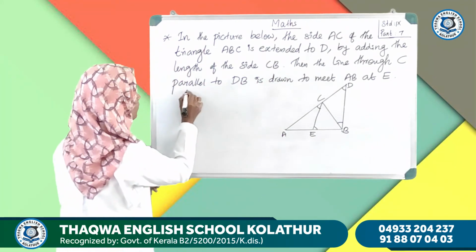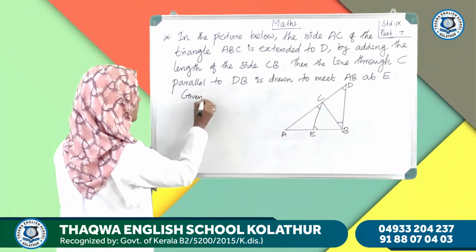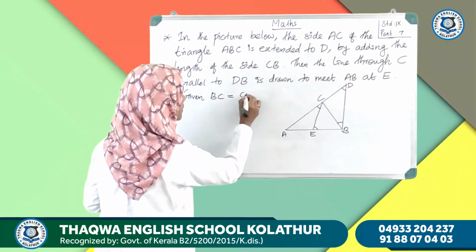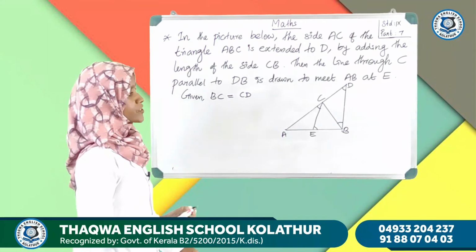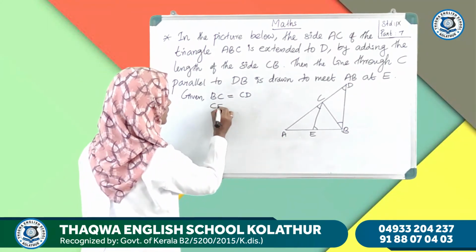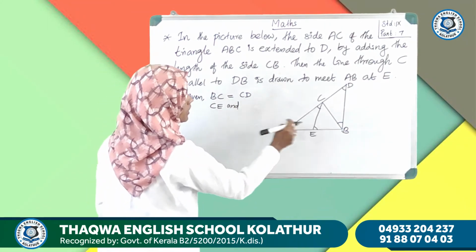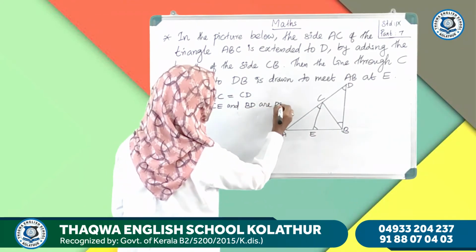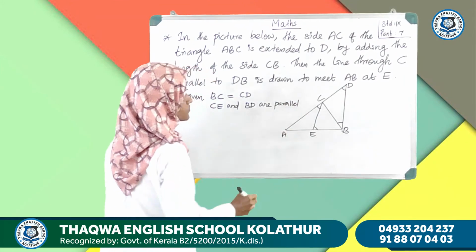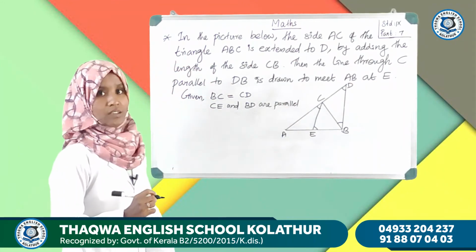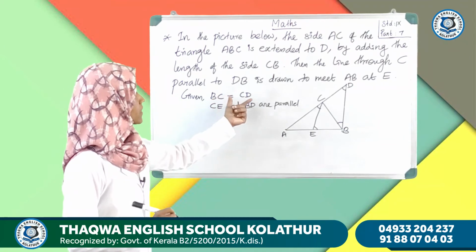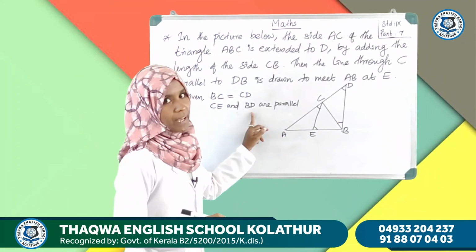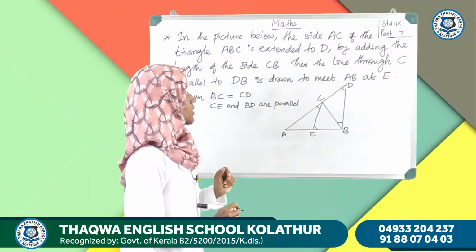So what are given? BC equals CD. Next, CE and BD are parallel.